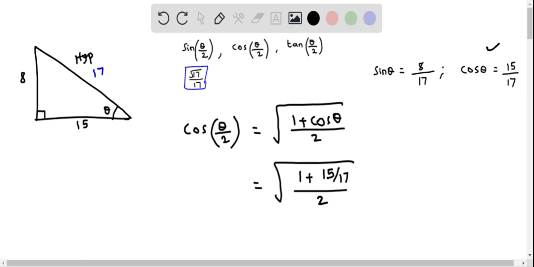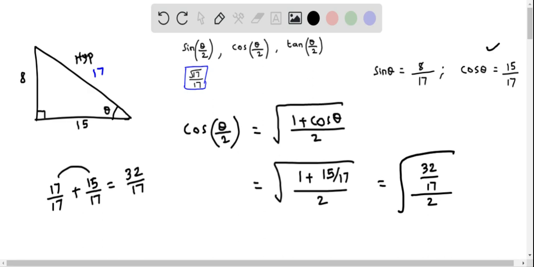So let's simplify this. I can write this 1 as 17 over 17 plus 15 over 17. So this equals 17 plus 15 is 32 over 17. So this is equivalent to 32 over 17 divided by 2 under the root.